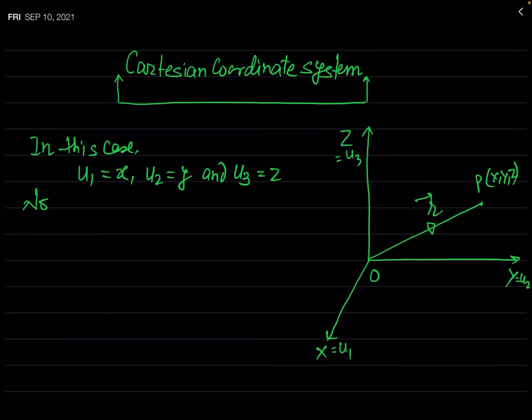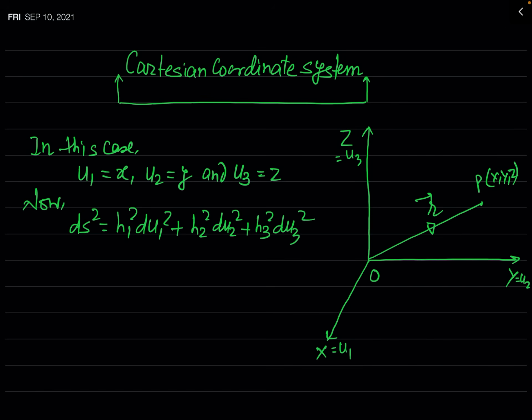So ds square equal to h1 square du1 square plus h2 square du2 square plus h3 square du3 square.